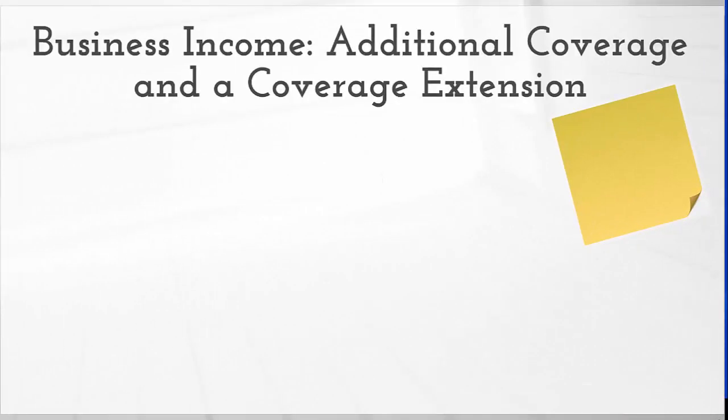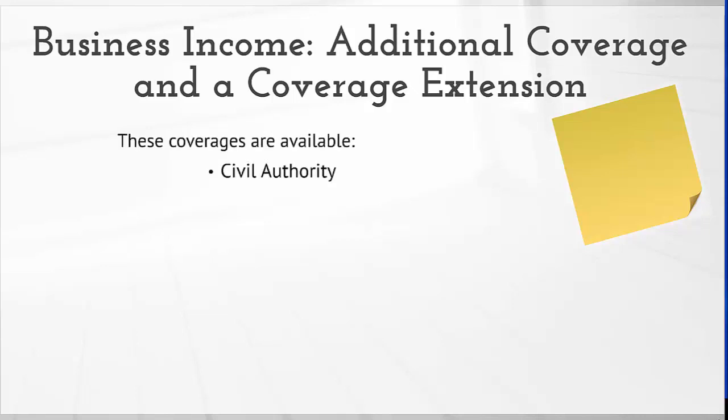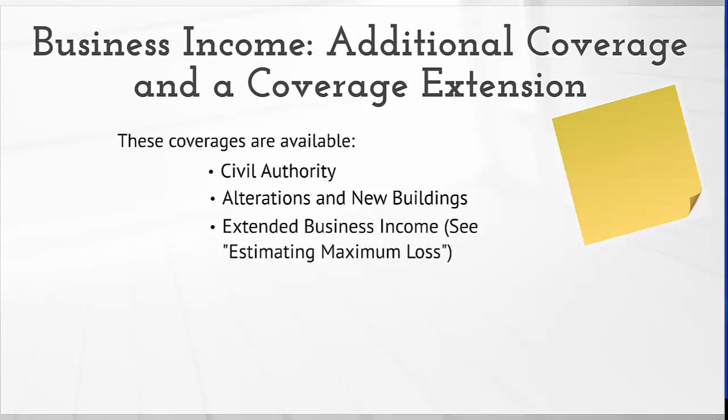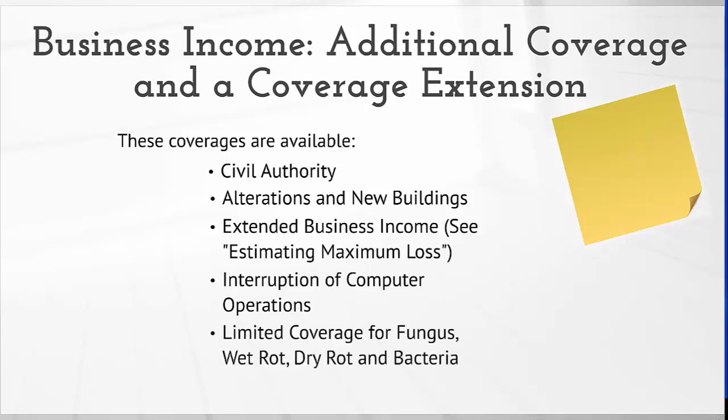Now let's look at business income additional coverage and a coverage extension. These additional coverages are available: civil authority, alterations and new buildings, extended business income, estimating maximum loss, and interruption of computer operations, and then limited coverage for fungus, wet rot, dry rot, and bacteria. And finally, newly acquired location.